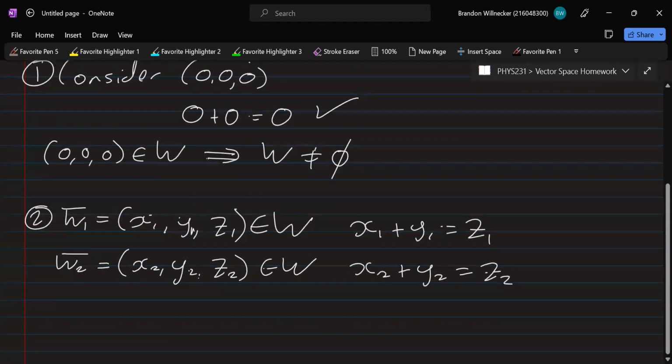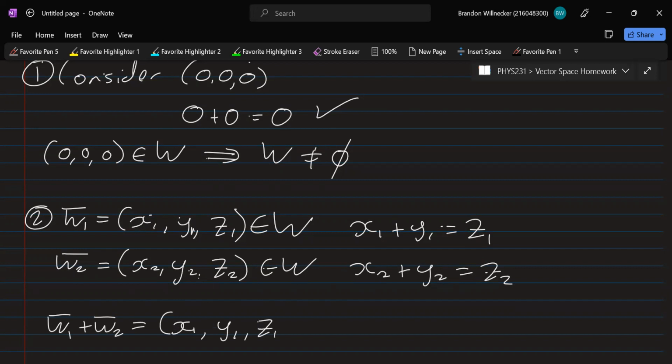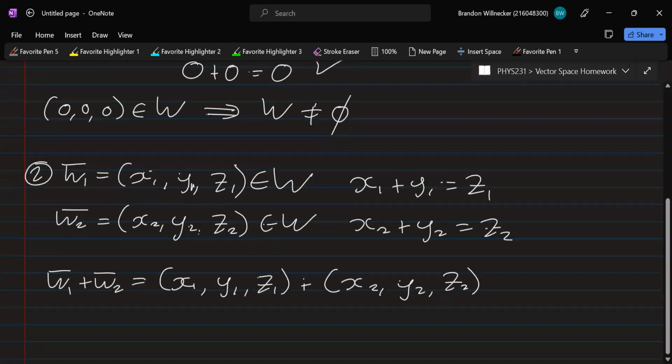Let's add them and see what happens. So W1 plus W2 is given by (X1, Y1, Z1) plus (X2, Y2, Z2). But we know how to add these. The addition is inherited from R3.